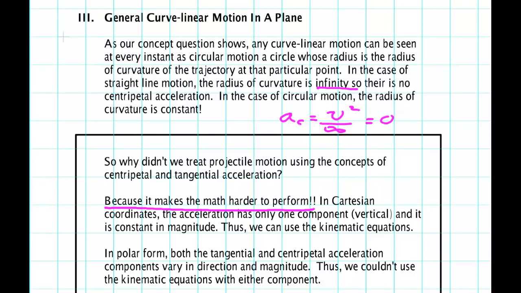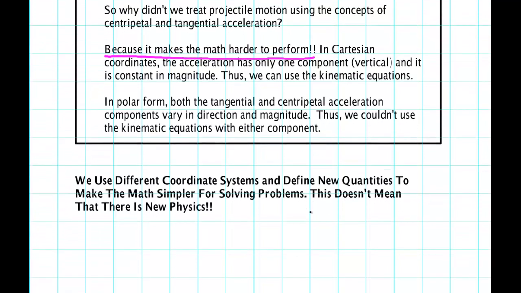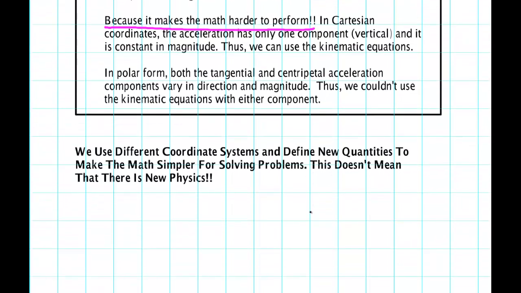So it's important to understand that we use different coordinate systems and often define new quantities to make the math simpler for solving problems. But that doesn't mean there was new physics. There really are very few physics concepts: definition of acceleration, definition of velocity, definition of coordinate system. Very few ideas.